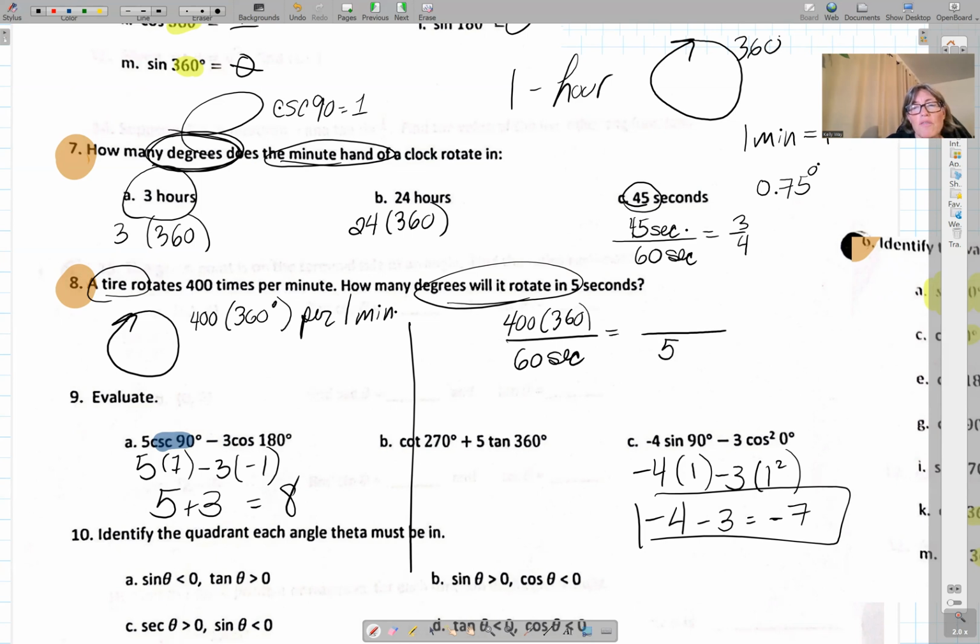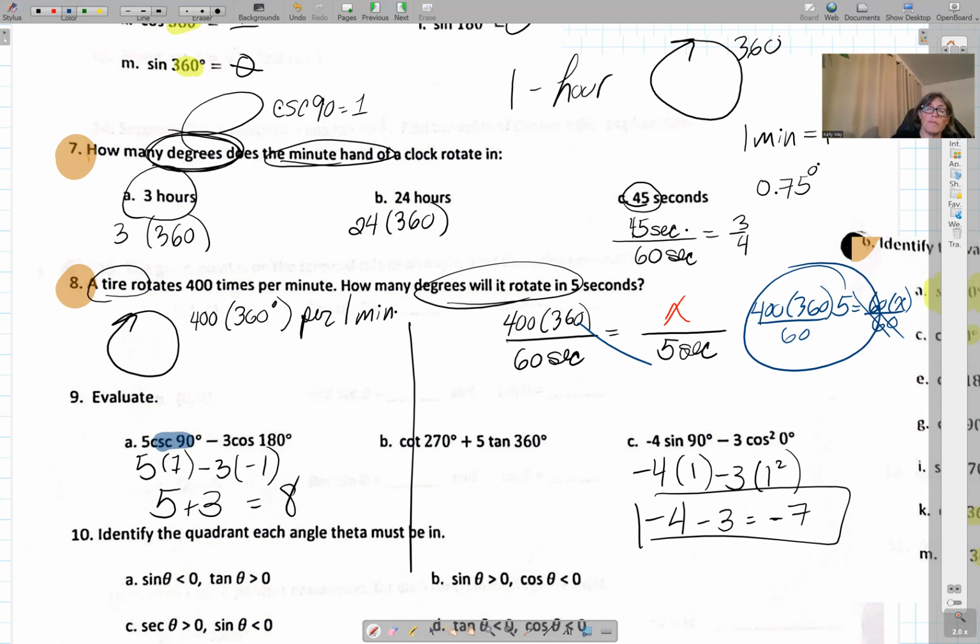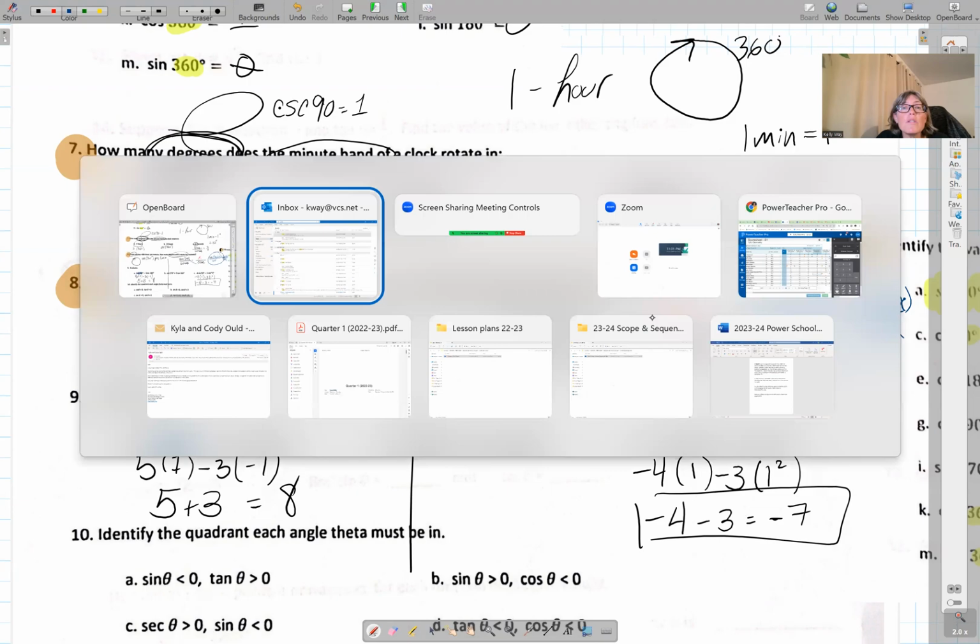But we went 5 seconds, and then therefore we do x. Now you cross multiply. So you're now 400 times 360 times 5 equals 60 times x, divided by 60. And then you can just take it down from there. That was 7 and 8.